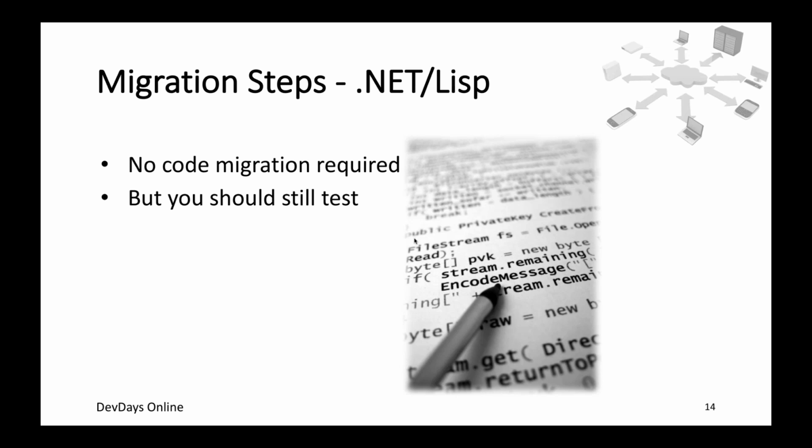So you absolutely should be testing your applications on the new release, even if you're using .NET and Lisp, and you need to report those issues to us as quickly as possible before AutoCAD is released. Not that we're expecting any issues.